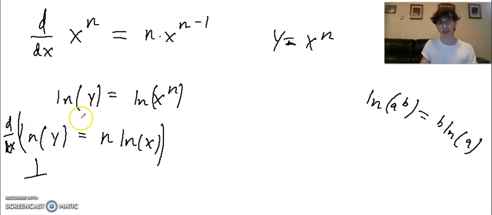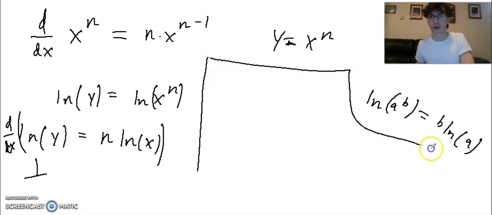derivative of this, we're going to derive both sides, but one thing that we're going to go over real quick, just a quick segue, is the chain rule.